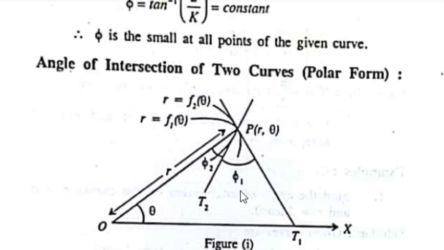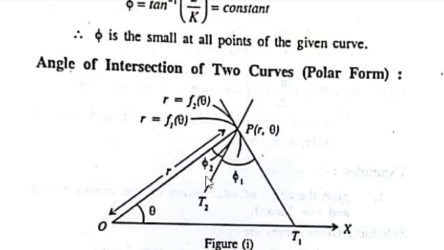Let phi 1 be the angle between the radius vector and the tangent t1 to the curve r is equal to f1 of theta. And let phi 2 be the angle between the radius vector and the tangent t2 to the curve r is equal to f2 of theta.